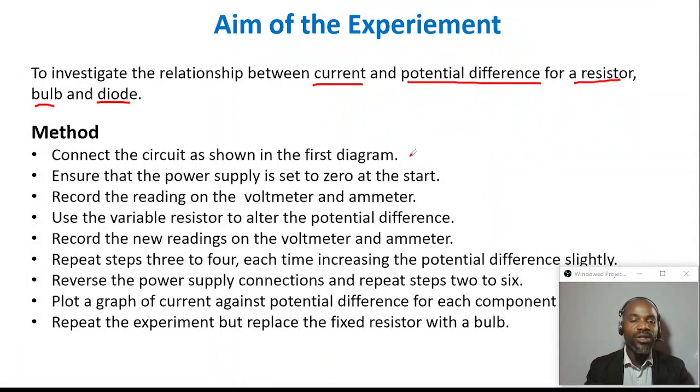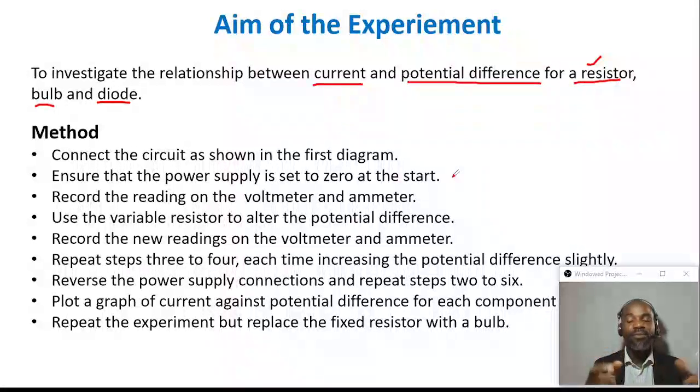The first thing we need to do to carry out this experiment is to connect the circuit as shown in the first diagram, the diagram we saw before. That's how we're going to connect it, and we are making use of a resistor in this case. The second step is to ensure that the power supply is set to 0 at the start.